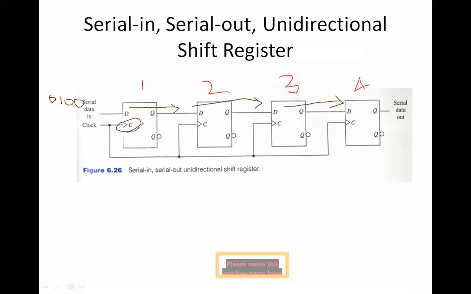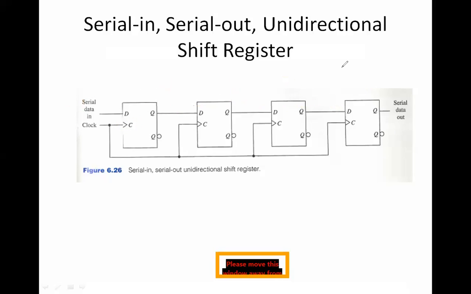If the clock is enabling that, then only it is going to function. If not, it will not function. That's why we have the term serial in and serial out unidirectional shift register, because the data is passing from the left hand side to the right hand side. It cannot pass the other way, from the right hand side to the left hand side.